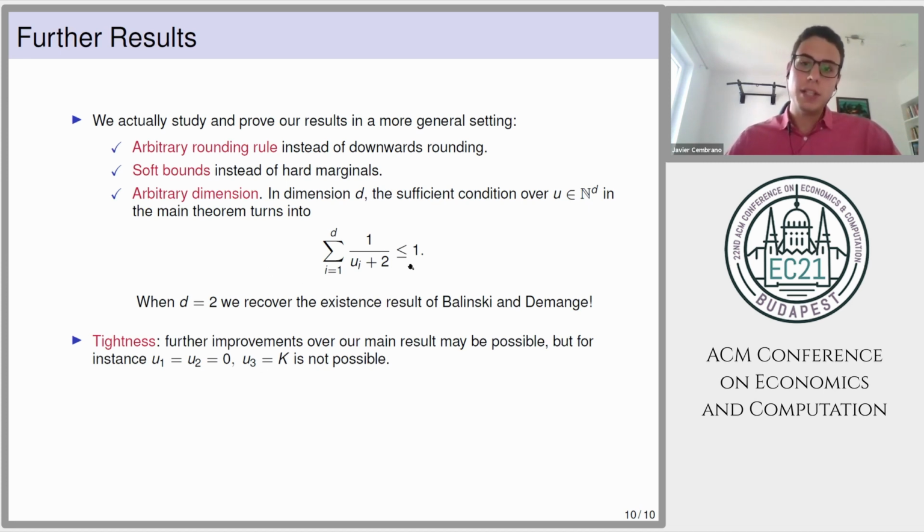Because the sum here, in this case, turns into 1 plus 1 over k plus 2, which tends to 1 as k gets bigger and bigger. So this is an expression that is arbitrarily close to 1, but still greater than 1, and for which we are not able to obtain bounded deviations for every instance of the problem. So that's a first notion of tightness. Further improvements of those bounds are a relevant open question of our work.